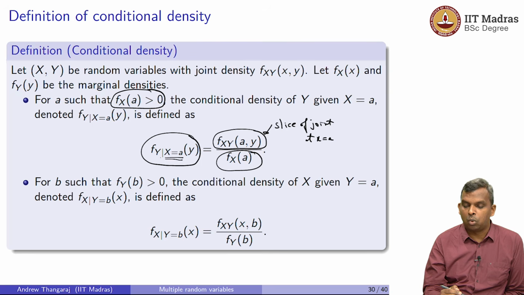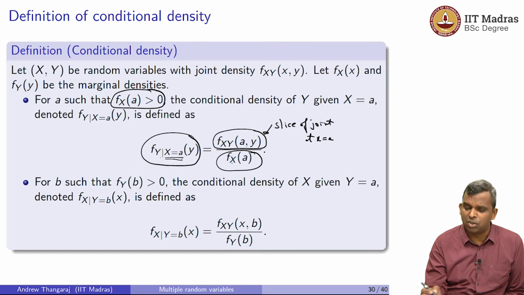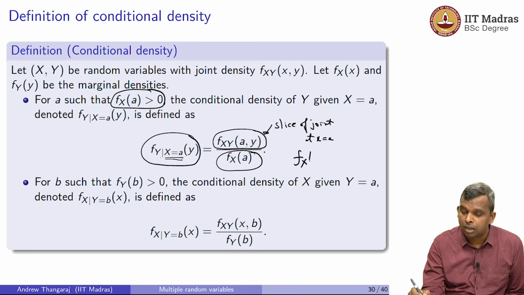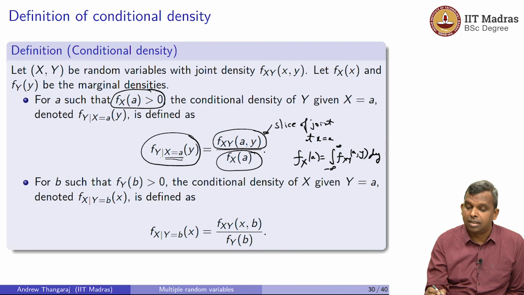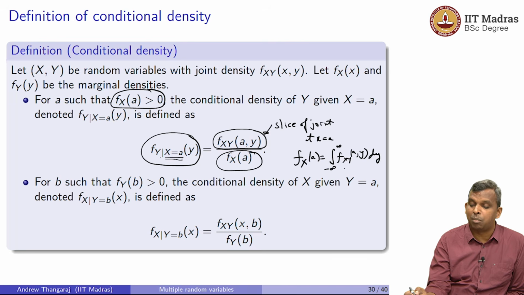Why is this a density? It is actually very easy to check. What is fX of A? fX of A is the integral from minus infinity to infinity of fXY of A comma y dy. It's just this slice integrated from minus infinity to infinity that gives the marginal. Now I have divided by this.